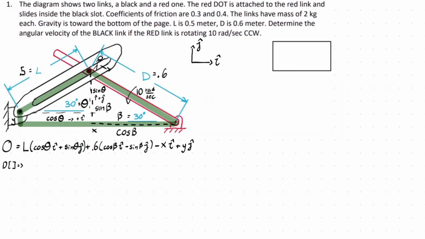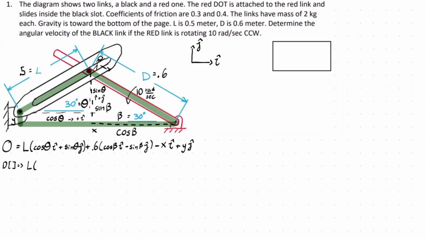Yeah. I actually have to use the product rule when I do this, because I have something multiplying something else, neither of which are constants. They're dependent on time. So how does product rule work? It's the first one times the derivative of the second. So I'm just going to leave L as is.